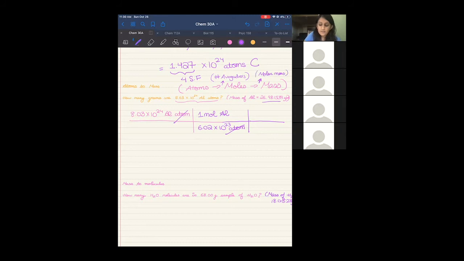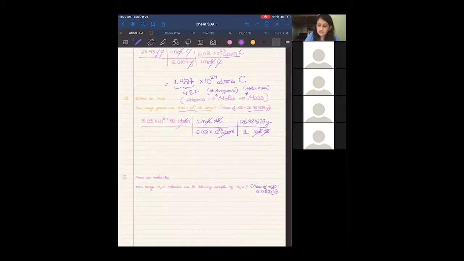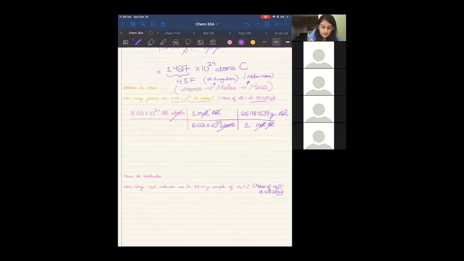Thank you. So what I'm going to do is put the moles here so I can cancel it out. Moles of aluminum. So 1 mole of aluminum is equal to 26.981539 grams. Okay, so I can cancel out the moles of aluminum and get just the grams of aluminum. Is everybody clear on this before we do the calculation?